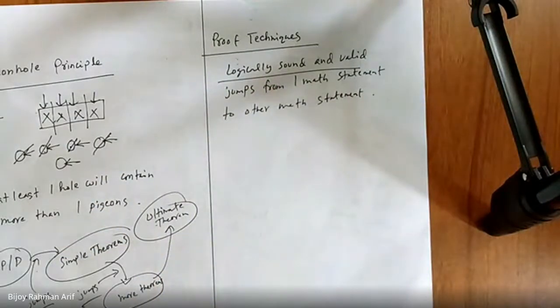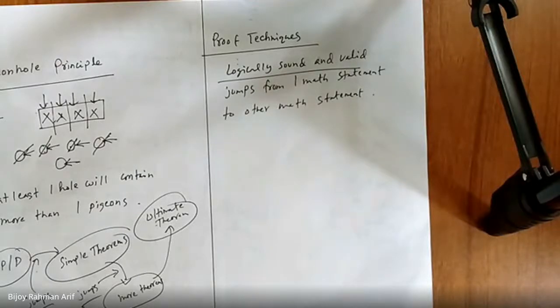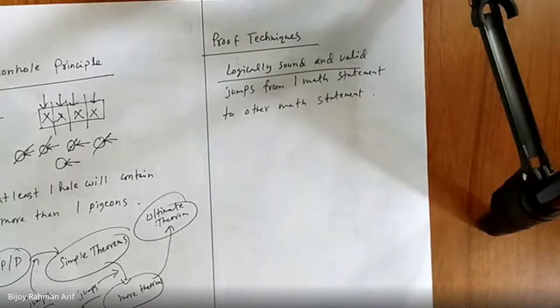So can you give me some examples of proof techniques? Proof by contradiction. Okay, induction, contradiction, what else? Truth tables. Truth table, yes, is a kind of proof technique. It is called proof by exhaustion. Anything else?